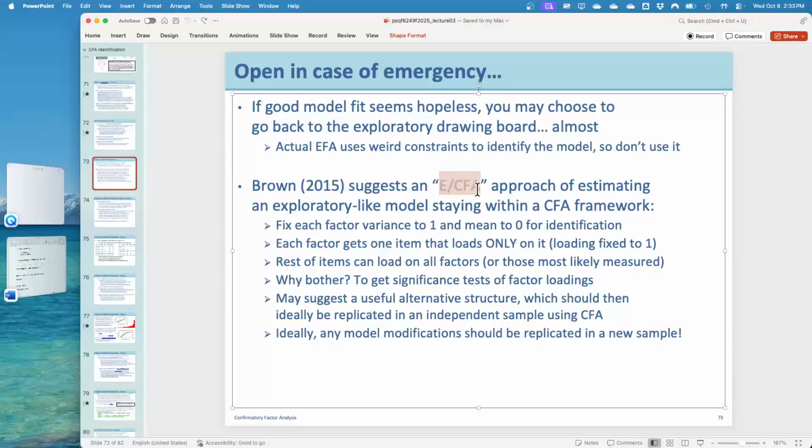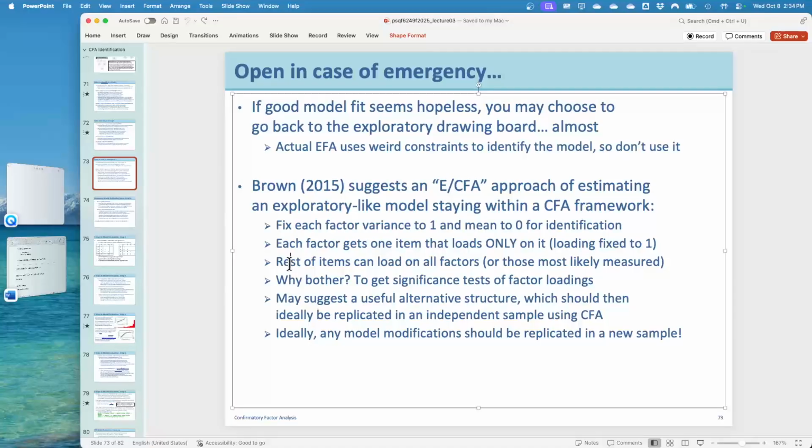You fix each factor variance to 1, each factor mean to 0, so we have standardized all the factors. Then each factor gets one item that loads only on it, and the rest of the items can load onto all the other factors. And you can go a little bit further with a little triangle of zeros in the factor pattern matrix, this crazy triangle of 0. But what that does is it estimates the most loadings possible in a confirmatory sense.